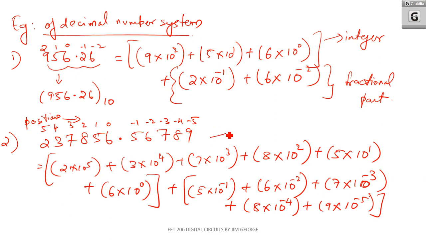This also I can write as 2378.56789 to the base 10. That means here I am writing the base or radix of the system. This is the base, and this is one of the radix or base. Okay. So that was an introduction to decimal number system.